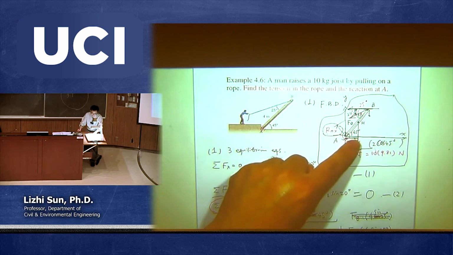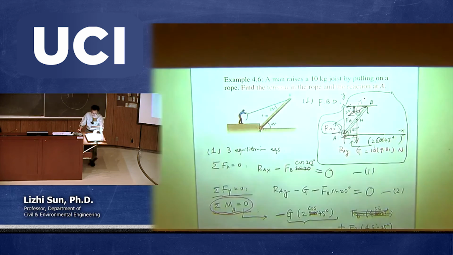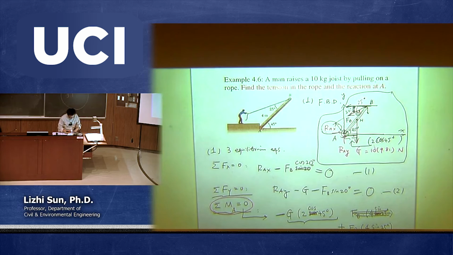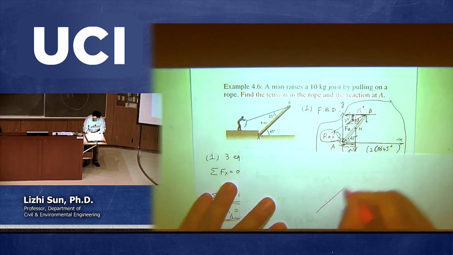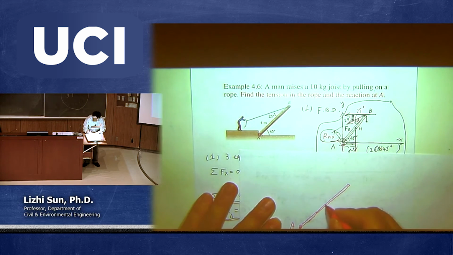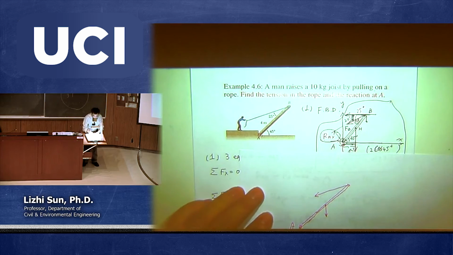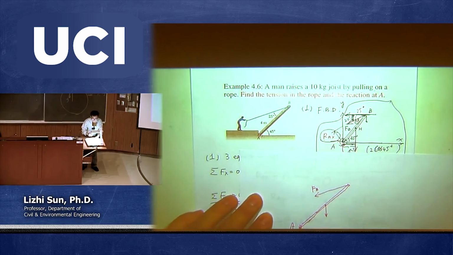Now, let's worry about force G and that force FB. This area is quite crowded, so let me just replot this one, and I'm pretty sure you can understand it. Okay, so if I replot this, make it bigger. This is point A. I have a force G. I think you are probably trying to see the moment of FB at point A, right?